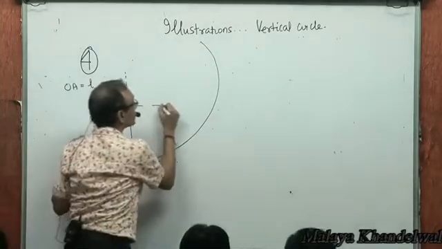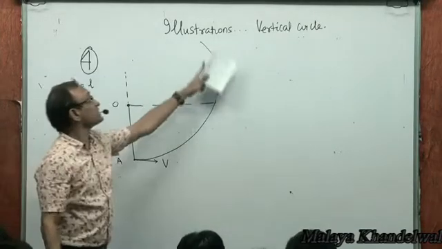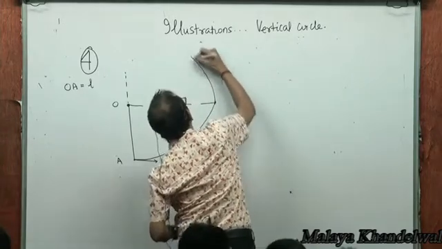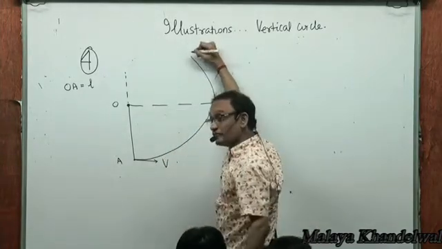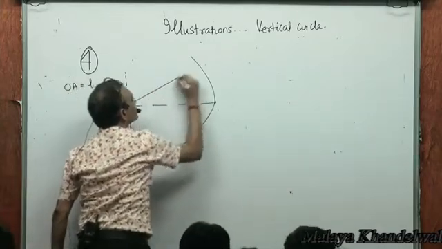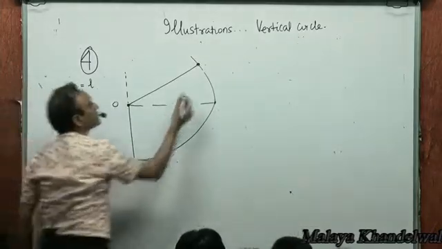And in the first quarter of the circle, there is no prospect for tension to become 0. It's only in this quarter of the circle, the second quarter, that you can have 0 tension. And say, at some point on the second quarter of the circle, tension becomes 0.